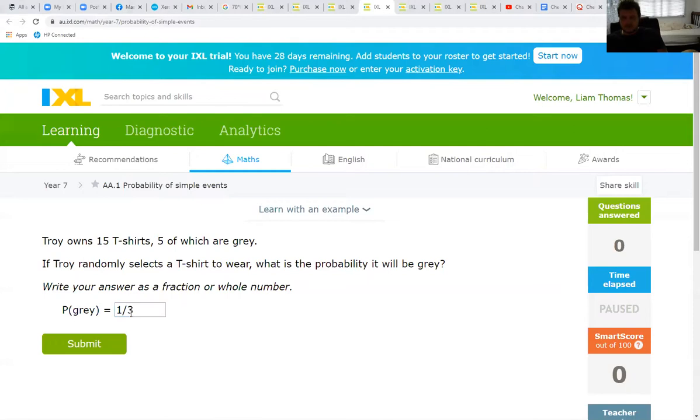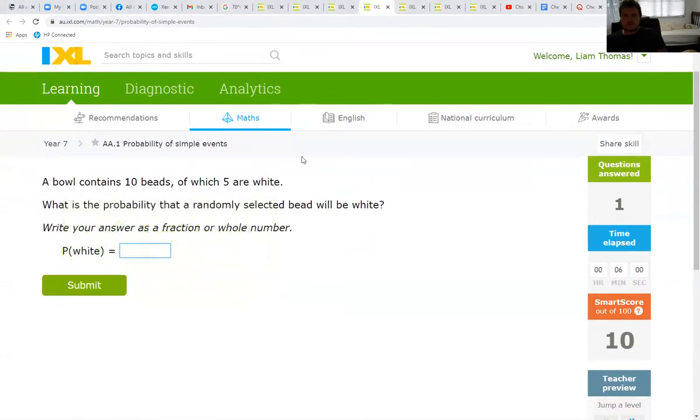One-third, perfect, you guys are smashing this. Okay, so a bowl contains 10 beads, of which 5 are white. What is the probability that a randomly selected bead will be white? Half.